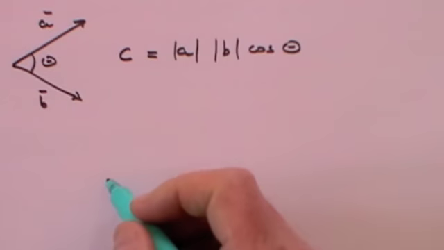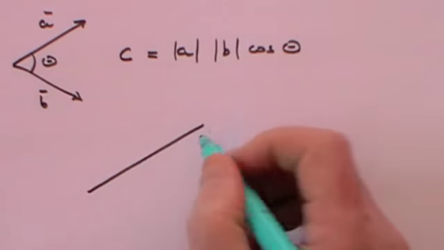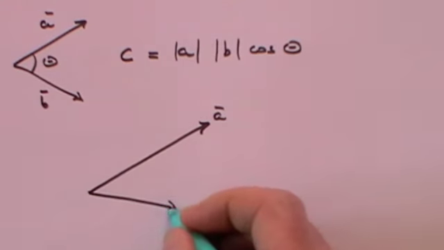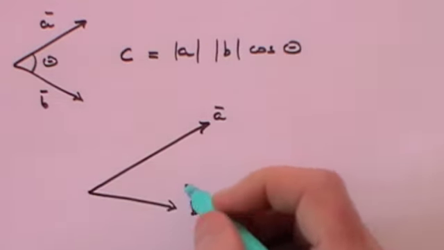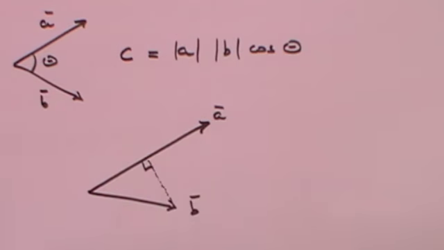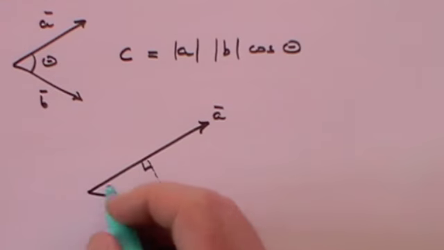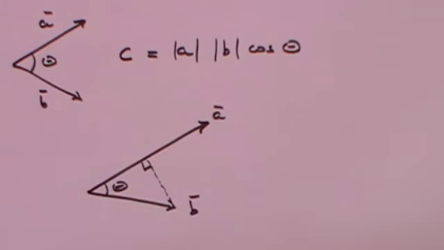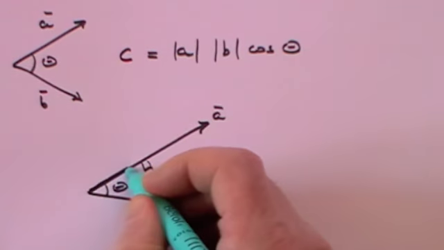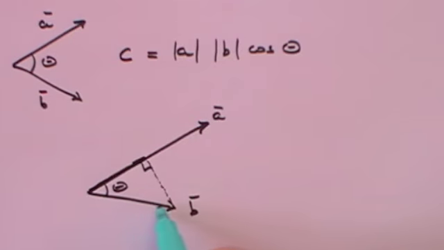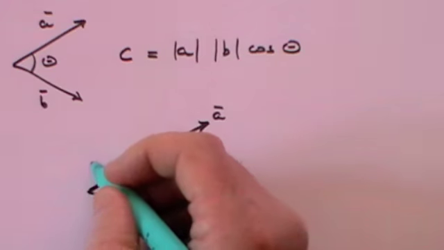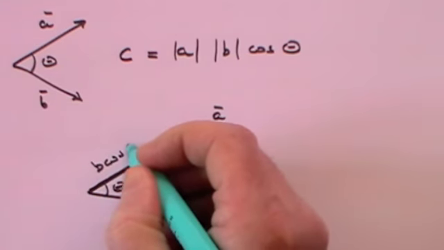So let me try and draw that. Here is one vector, let's call that vector A. Here is another vector, let's call that vector B. If I drop a perpendicular onto A, and this angle is theta, the angle between the two vectors, then you'll see that the component part of B along the line of the vector A is B times the cosine of theta.